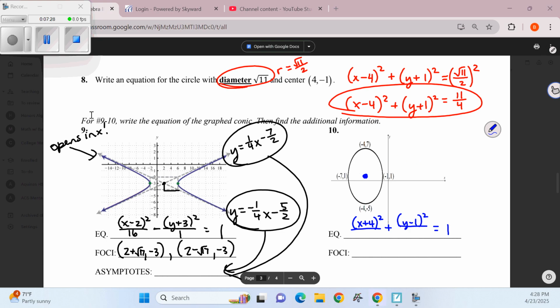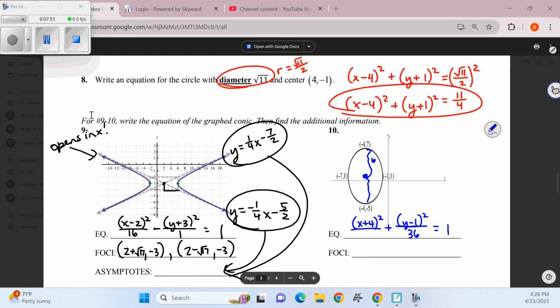In the y direction, so underneath the y part in the formula, I'm going from 1 up to 7. So that value must be 6 there. Likewise, in the bottom, I'm going from 1 down to negative 5. So if the value that I'm traveling is 6, in the formula we would put a 36.